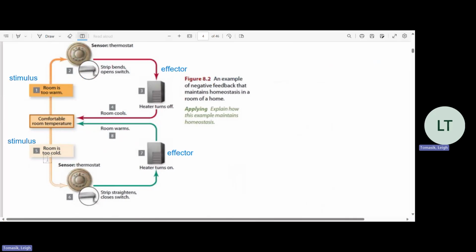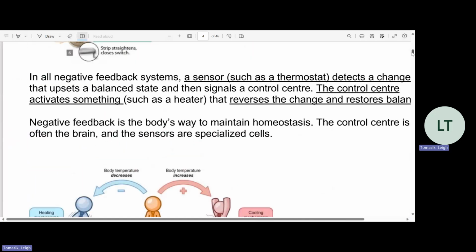So when things got too far from the correct temperature, something would sense it, and then there would be an action to bring it back to where it was supposed to be. Okay. Your body uses something very similar when your body gets too warm or too cold. Do we have a picture of that? Yes.